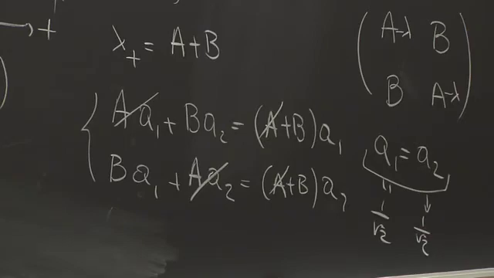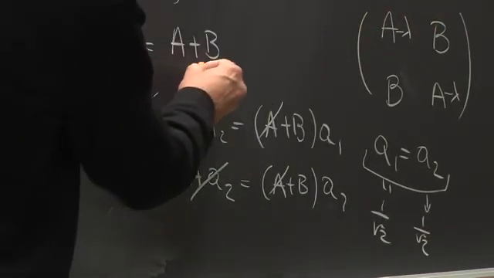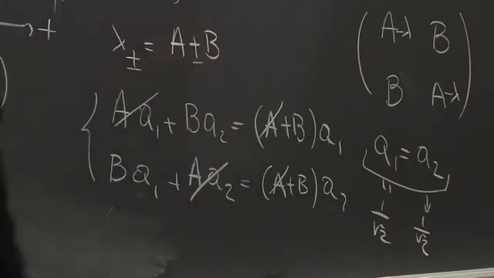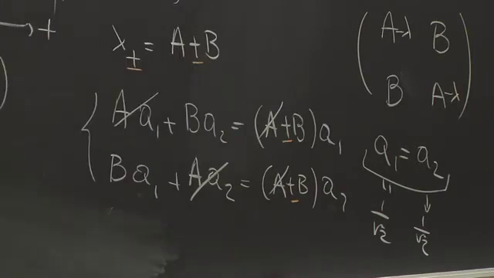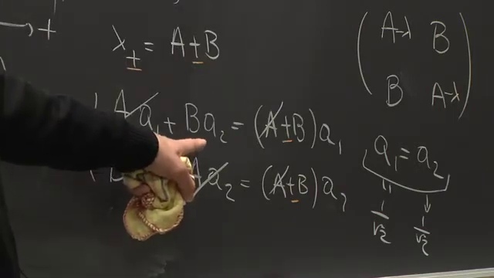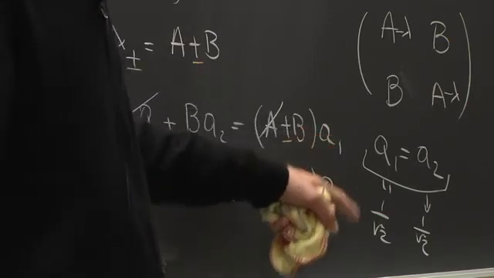Vice versa, and let me now use the orange color. If I'm looking for the solution with the minus sign, what changes here is the minus sign here and the minus sign here. And what you see is that now A1 must be equal to minus A2.